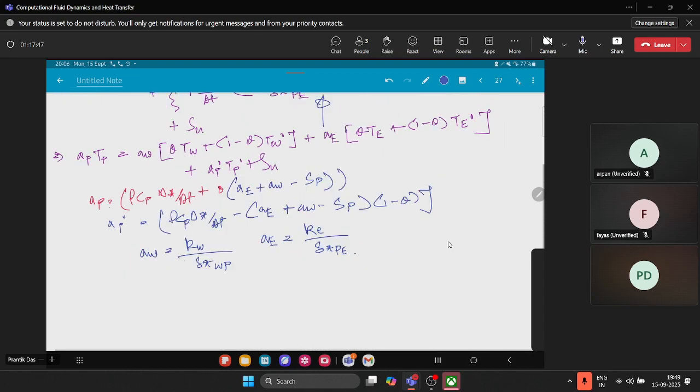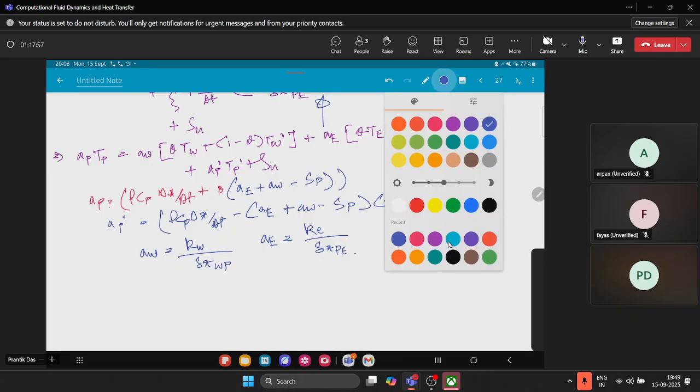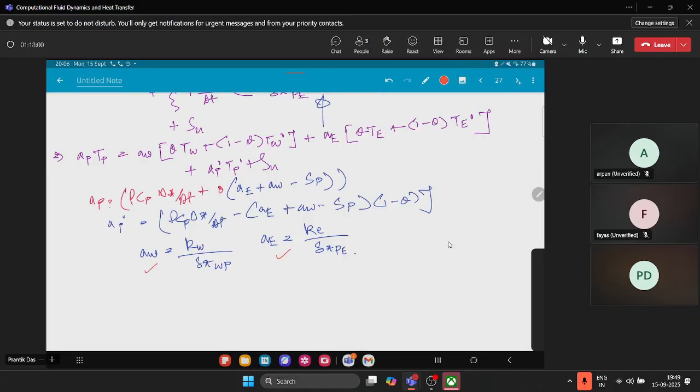So TP is given, AP naught is given, AE is given. I've written the coefficients accurately. So AW, AP and AP naught are written. Then you put the coefficients in the equation and you get the whole equation. That's what I'm saying. Is it clear to you? Yes.